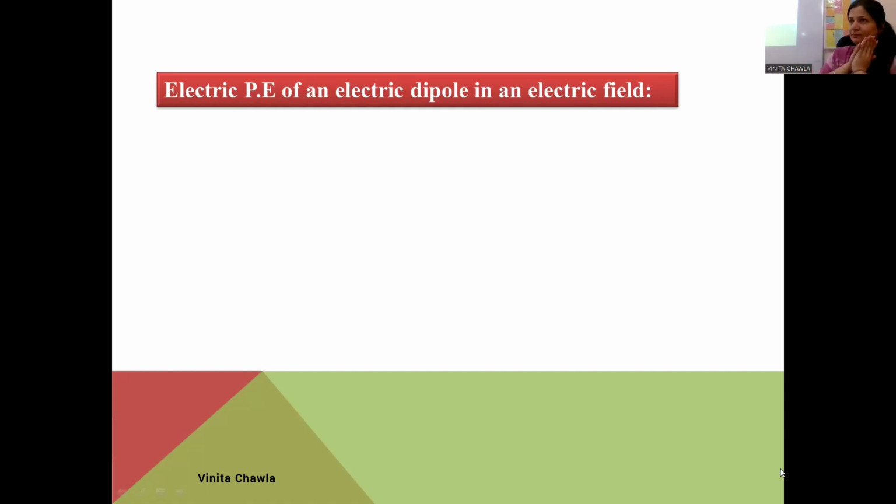टॉर्क था. So when we rotate a dipole in an external electric field, then work is done. Yes. So now we will find work done in rotating a dipole in an external electric field.